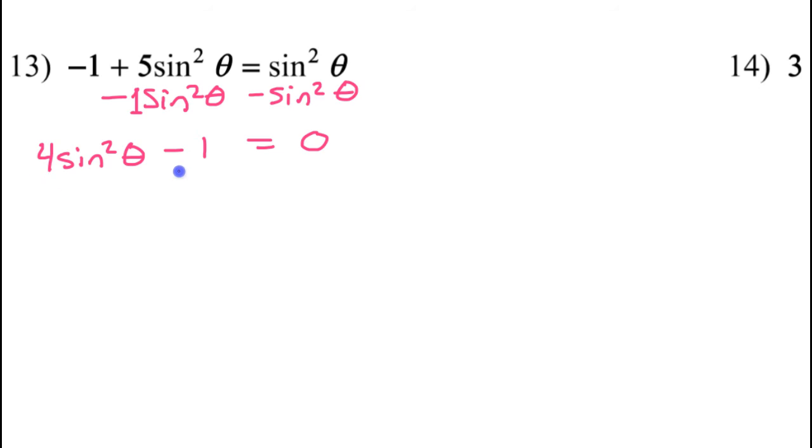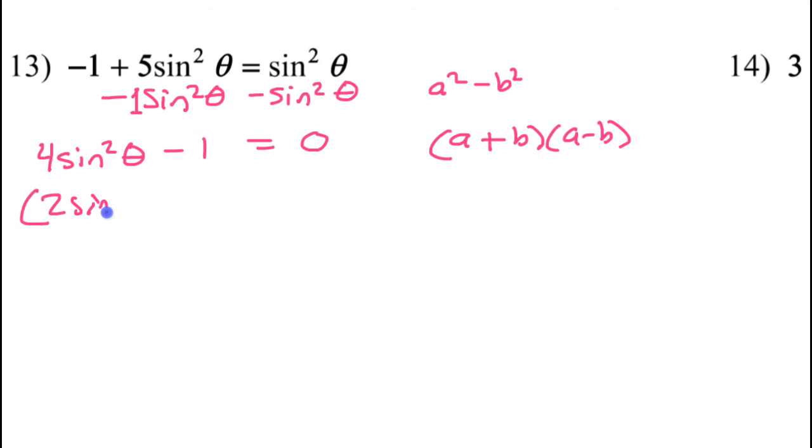I could actually factor this as the difference of two squares. Remember how if I have a squared minus b squared, then that's going to factor as a plus b times a minus b. So I really could factor this as 2 sine theta plus 1 times 2 sine theta minus 1. And I could go from there.